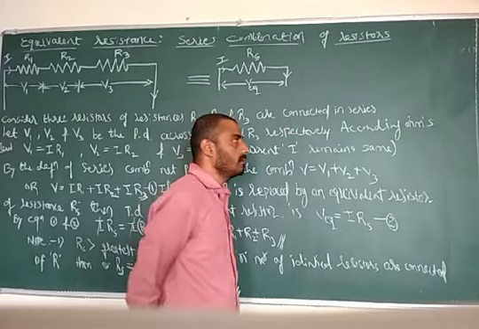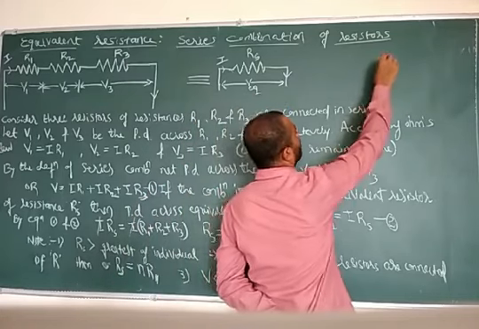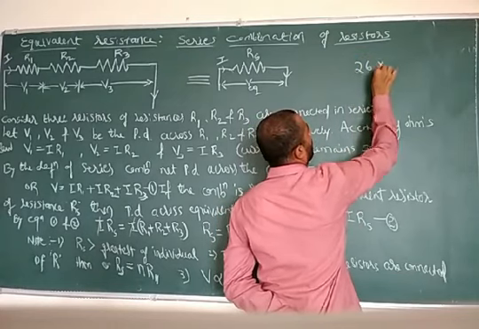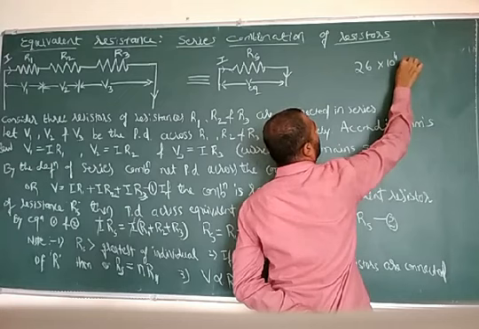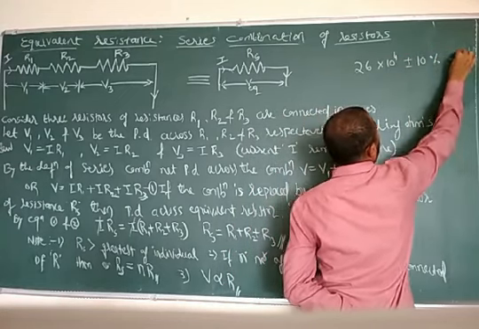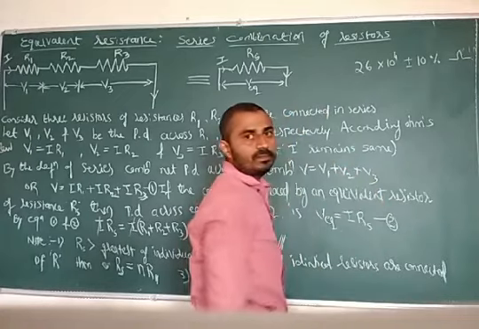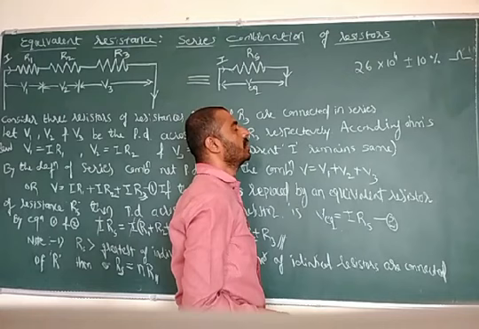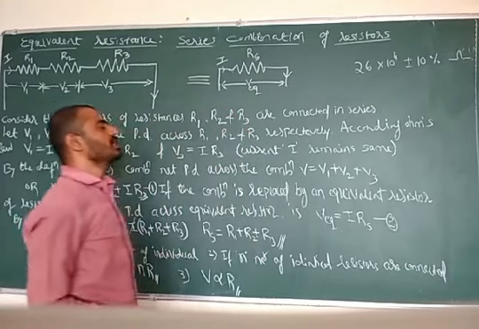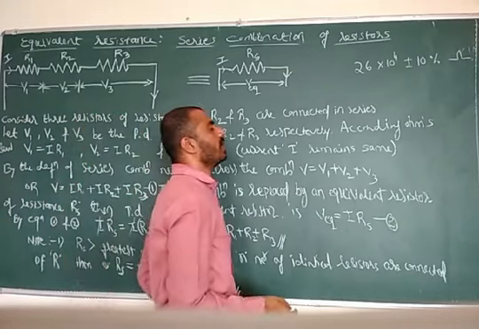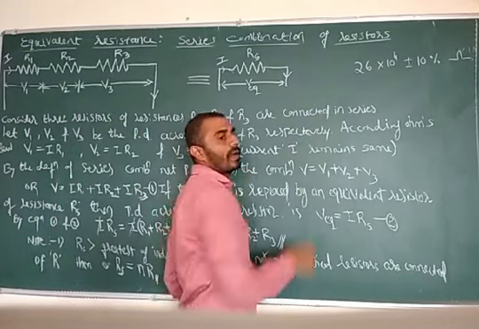For example, for 1 mark, suppose it is given 26 into 10 to the power of 4 plus or minus 10% ohm. By giving this numerical value, if the possible color combination is asked, by using which colors can we write its value?